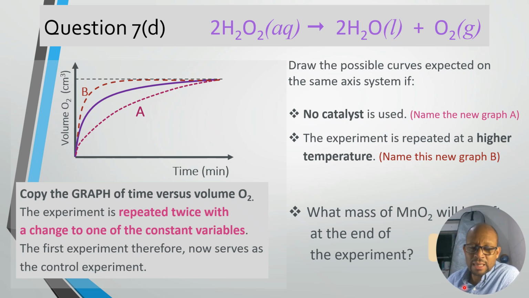So that means that the amount of catalyst that will remain at the end will be 1 gram of manganese dioxide. Anyway, so let's continue.